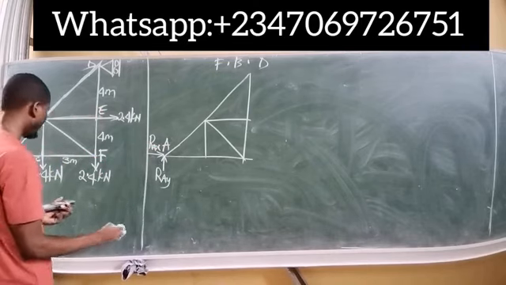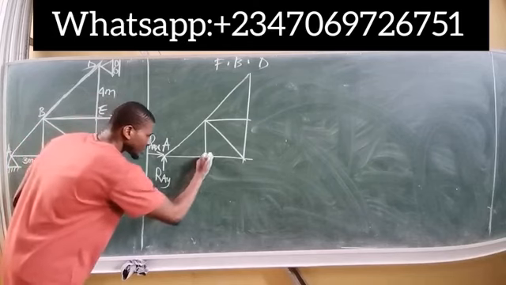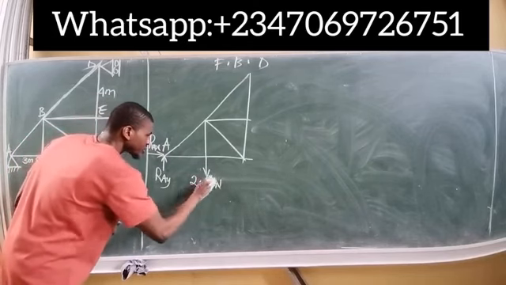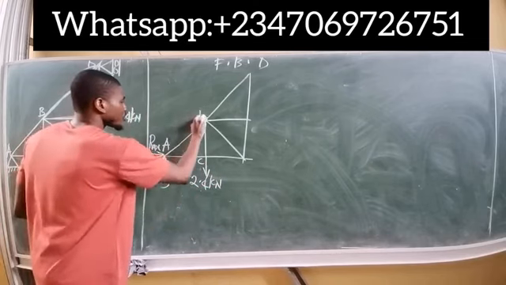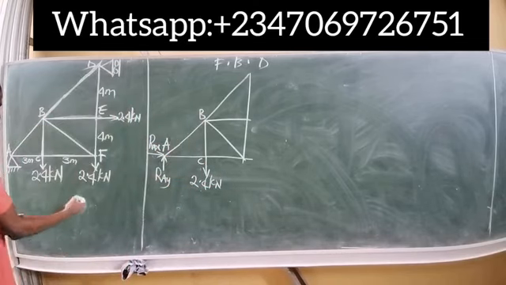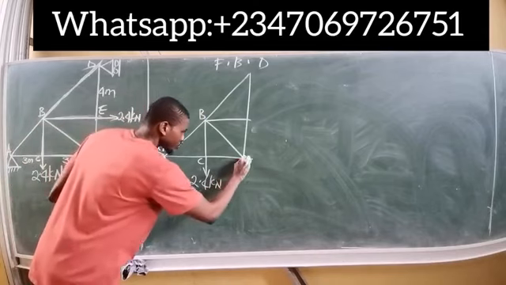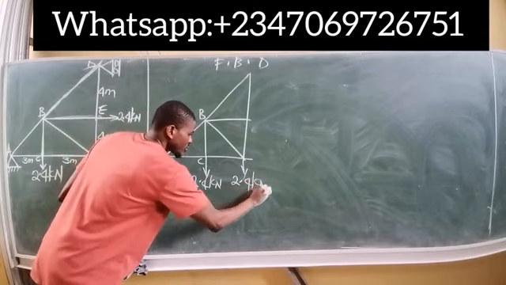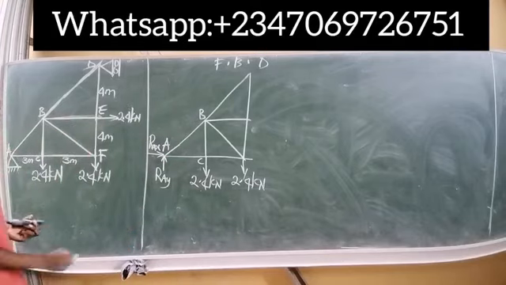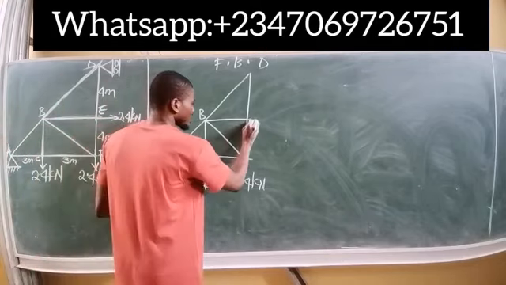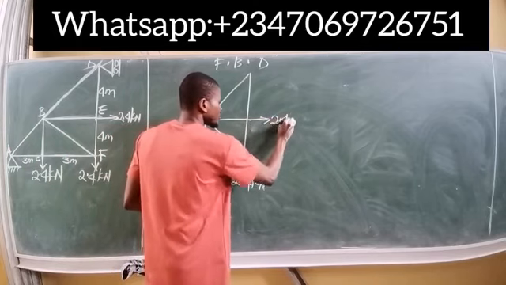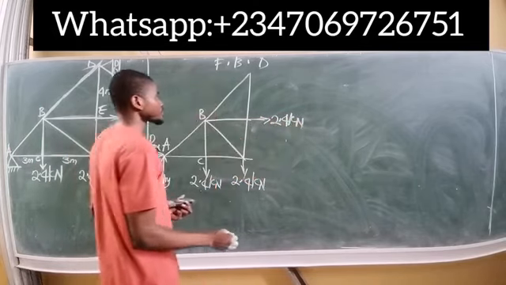At point C, we have a 2.4 kilonewtons force acting downwards. So we have here 2.4 kilonewtons. This is point C. This is point B. And at point F, we also have a 2.4 kilonewtons force acting downwards. At point E, we also have a 2.4 kilonewtons horizontal force.